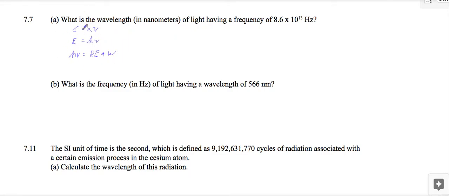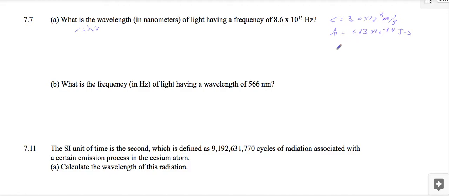So the first one is we're going to use the speed of light equation here. So we're going to get rid of all that, and we end up with c equals wavelength times frequency. And we plug stuff in. So here, guys, to speed things up, c is equal to 3.0 times 10 to the 8th meters per second. h is equal to 6.63 times 10 to the minus 34th joule seconds.